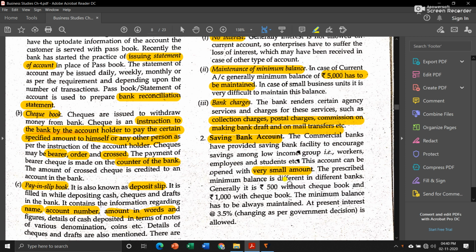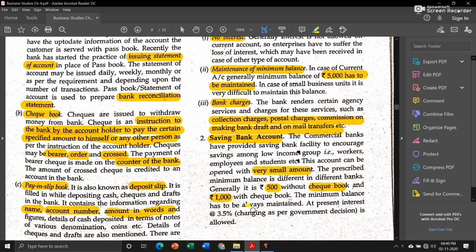The prescribed minimum balance is different in different banks. Generally it is 500 without checkbook, and 1000 with checkbook. If you open your account with 1000, then they will provide you a checkbook.